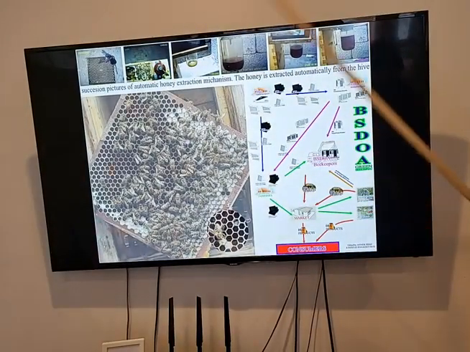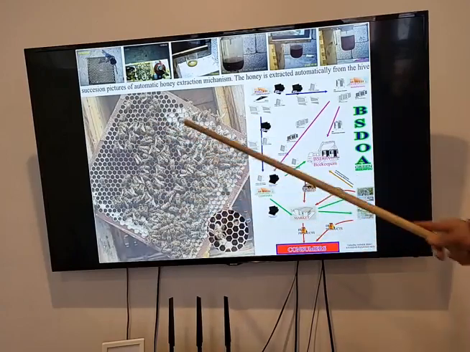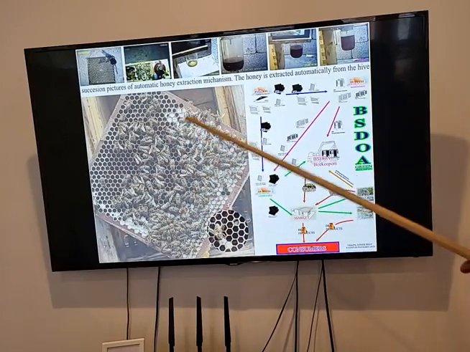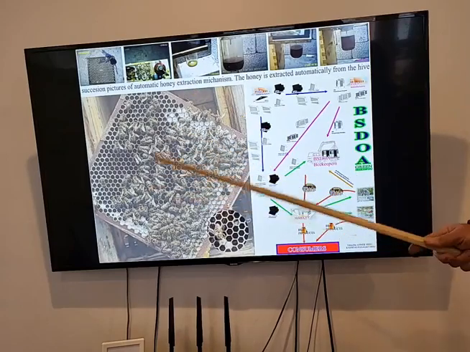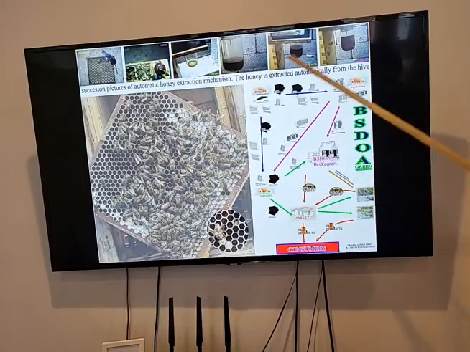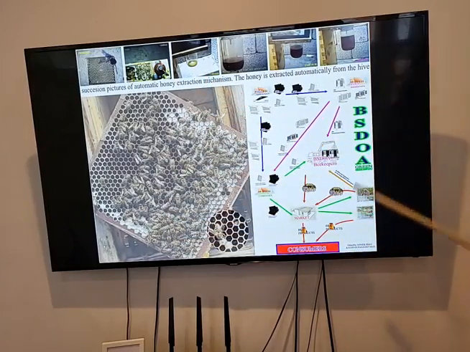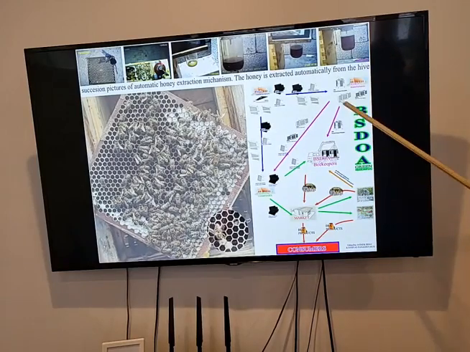Anyway, this is the comb I used. No, this is another, from a few years later. This is the first comb from which I extracted the honey. This is something else I used later. And this is the figure of the BSDOA beekeeping system. I created this figure with my computer in my hometown, and I'm trying to explain the system.